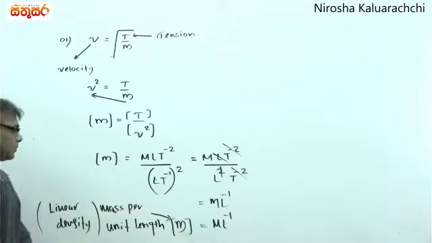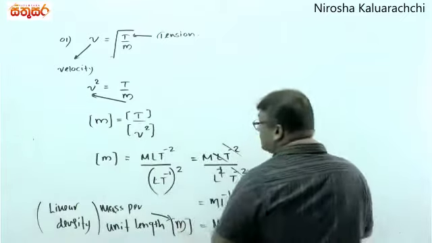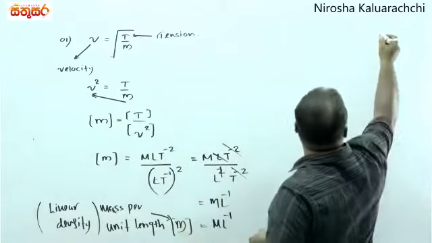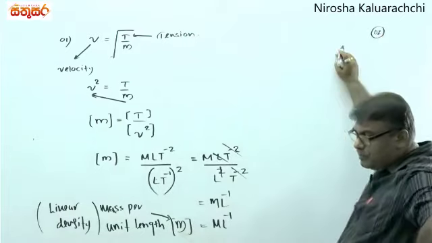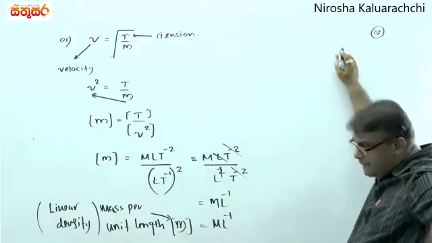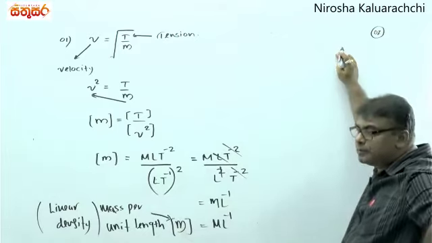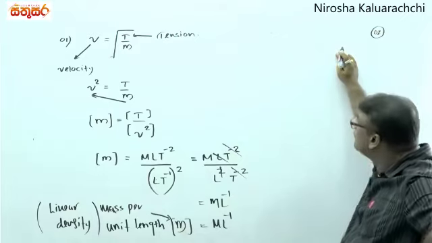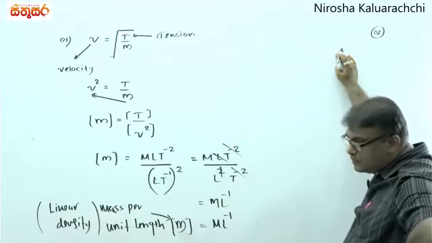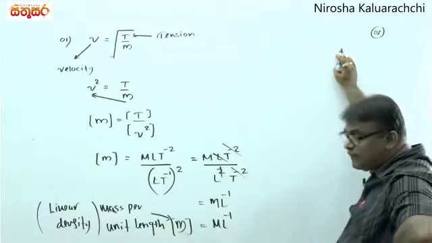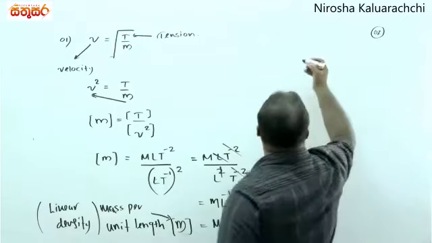Linear density is mass per unit length. It is M L minus 1, right? Okay. Example number 2. Frequency is related with the following equation.